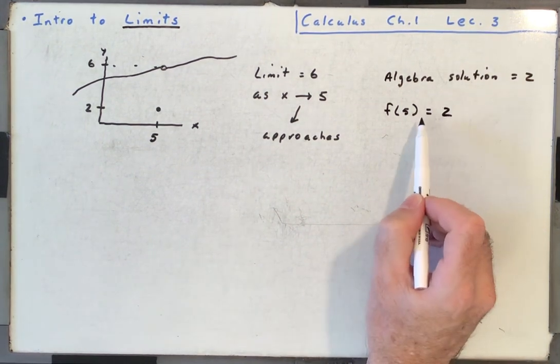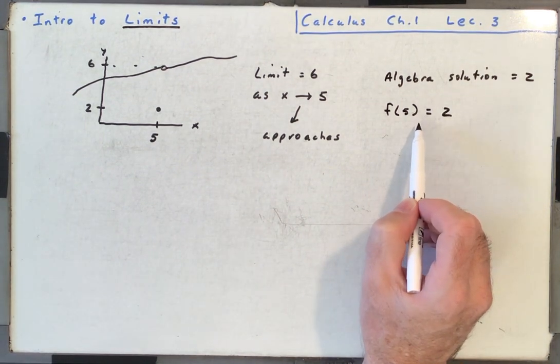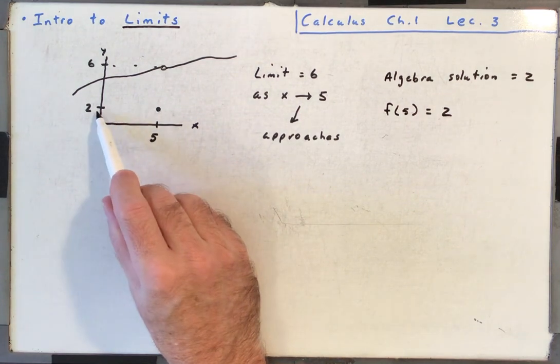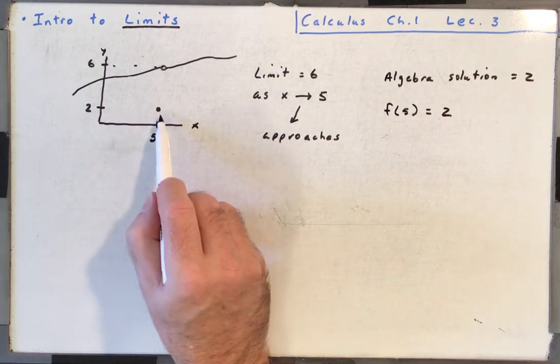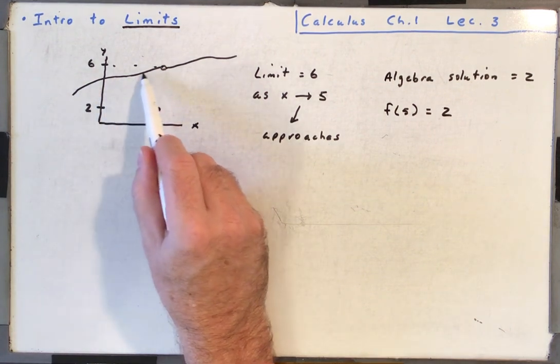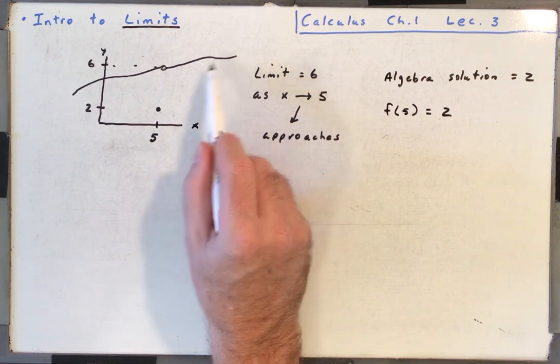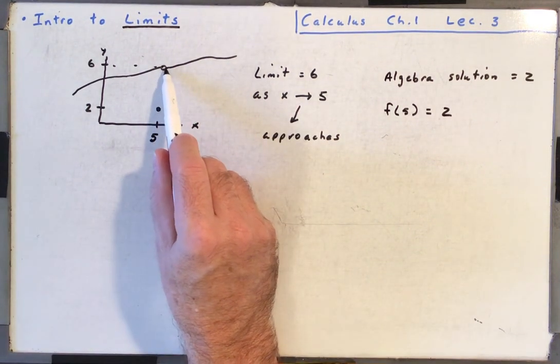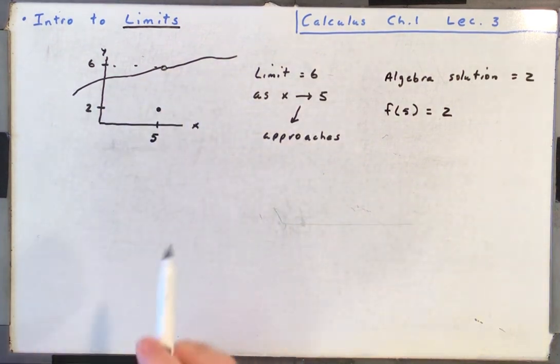But the thing is, the algebra solution doesn't really tell us anything about the function. It tells us that, okay, there's a dot, a filled-in circle here at the point 5, 2. But this function actually is this curve up here that's north of all that. The calculus tells us a lot more about the nuance of the function. It gives us a lot more information than the algebra.